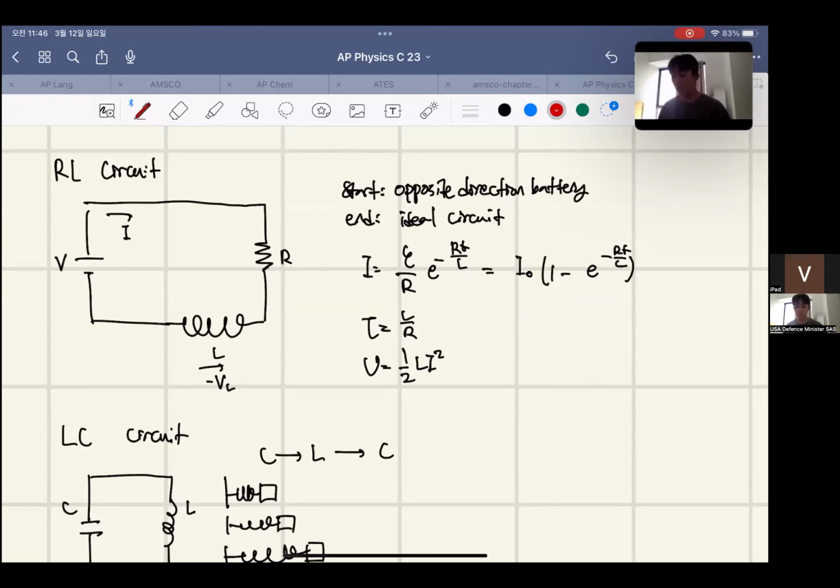The whole point of the inductor, why scientists made inductors in the first place, is because they wanted to prevent a situation where too much current flows at once. When you have a disconnected wire and you suddenly connect it, the current I is going to flow at its maximum strength as soon as you connect the wire.